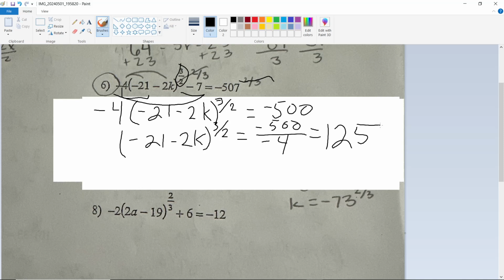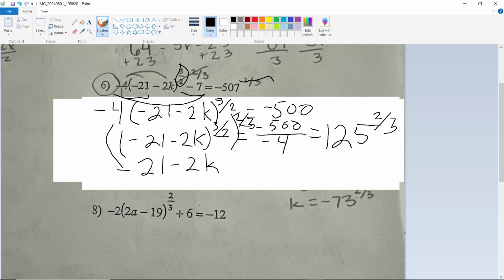Now I can raise both sides to the 2/3 power, so I can get rid of that exponent. And then this is negative 21 minus 2k, because 3/2 to the 2/3 power, multiply those exponents, and it's just 1. 3/2 times 2/3 is 6 over 6, which is 1.